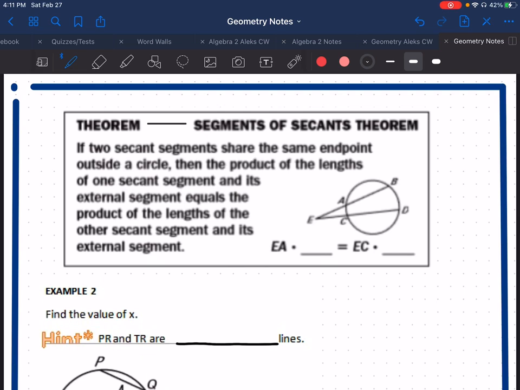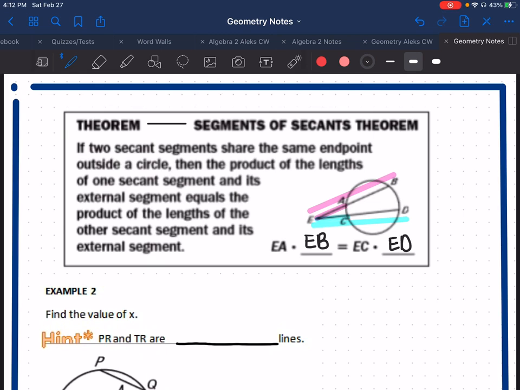Let's go ahead and take a look at it, and let's use our highlighter to help us out. So EA is right here. What this theorem is saying is if I multiply EA times the whole secant EB, then it is equal to the other secant, the segment EC, that's the external part that they keep talking about, times the whole secant ED.